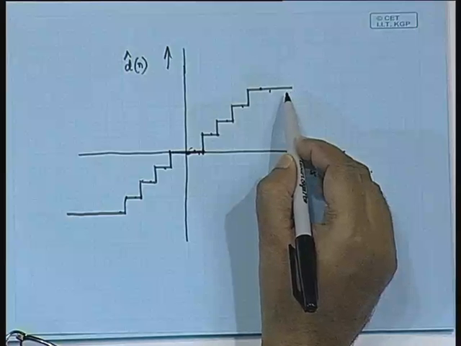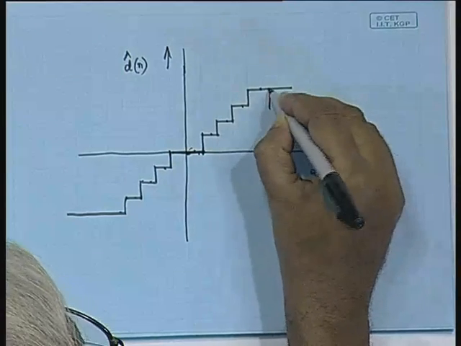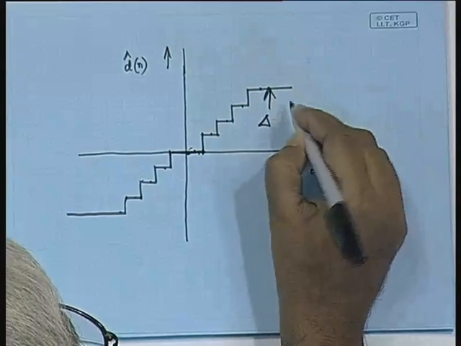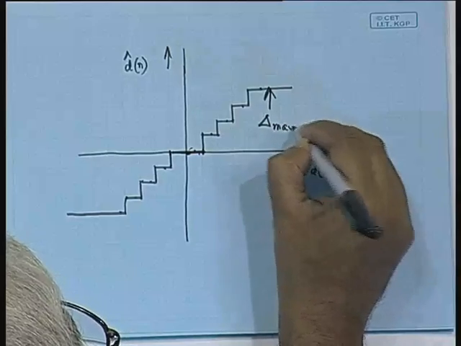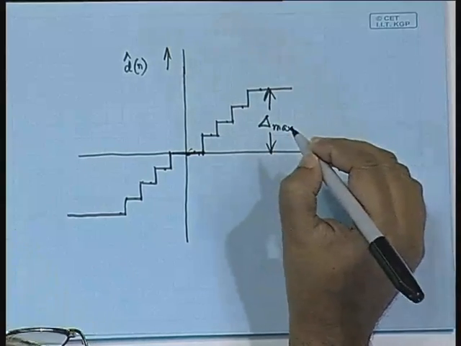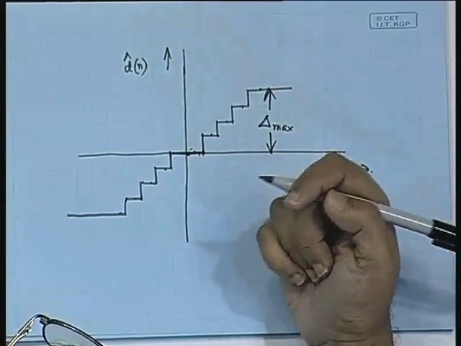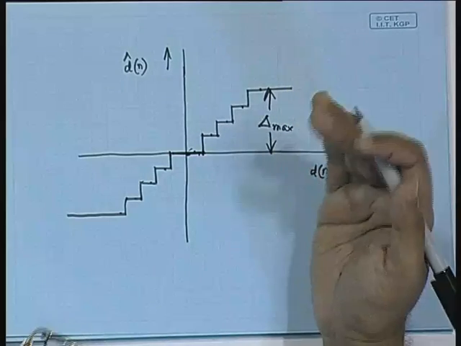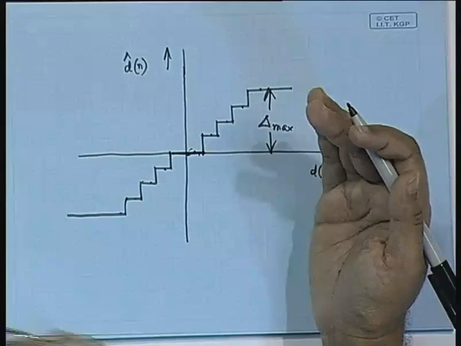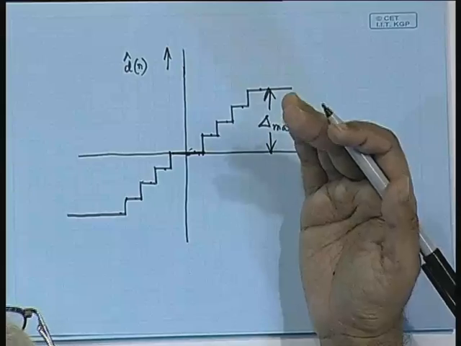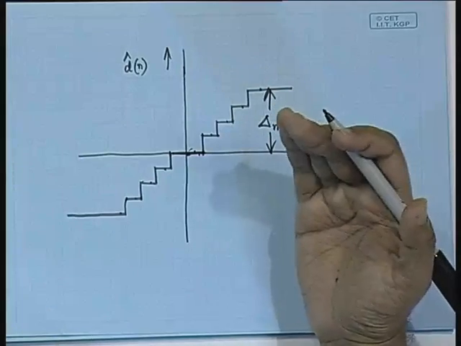And if this is a value equal to delta max, and if delta max upon t happens to be lower as compared to the rate at which the signal is changing, the slope overload can still happen.